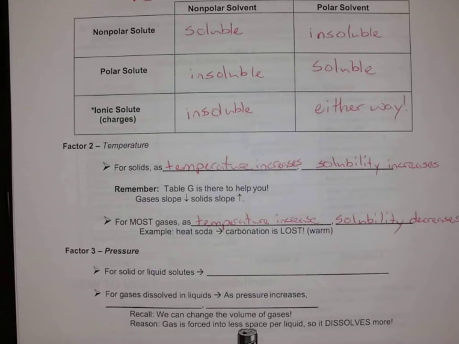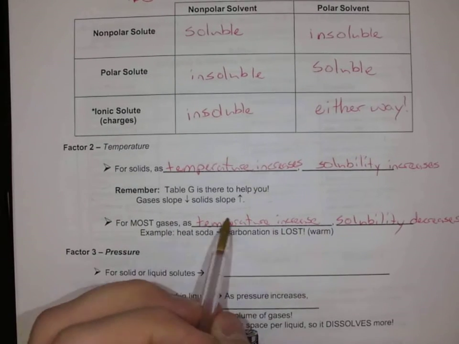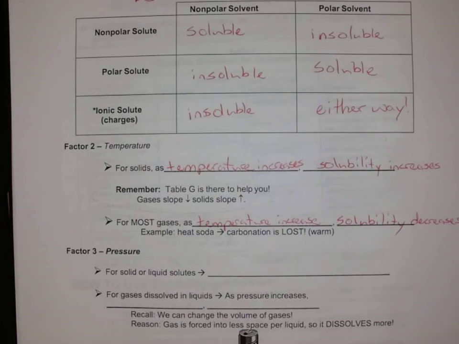If we give energy to the gas molecules, they want to move around more. They don't want to get stuck just interacting with our water. So for our gases, we increase the temperature, and the solubility is actually going to decrease. Something that's going to help us remember this is Table G that we'll look at later, and we'll look at those slopes.